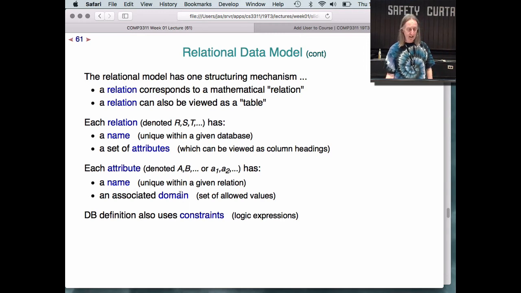Each attribute is also associated with a data type, which in database terminology is called a domain. It defines the set of allowed values. For student ID, this is a 7-digit number, starting with either 2, 3, 5, or 9 at the moment. Eventually it'll start with 6 as well.